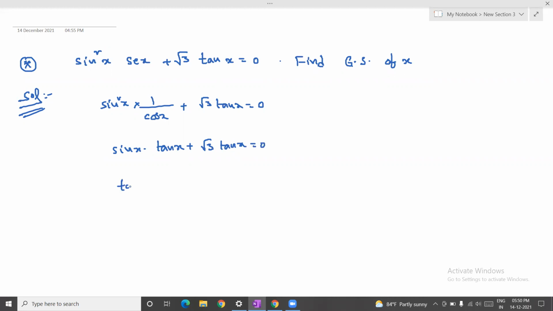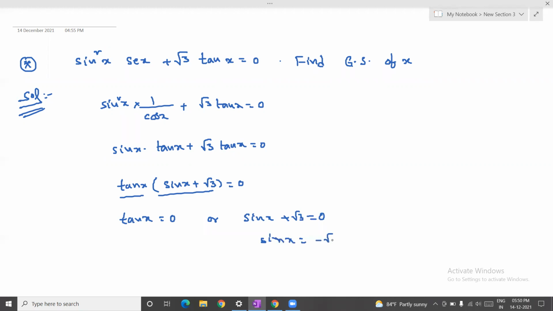If I take tan x common, I'm getting sin x plus root 3 is equal to 0. So this is two expressions. Tan x can be 0 or sin x plus root 3 can be 0.